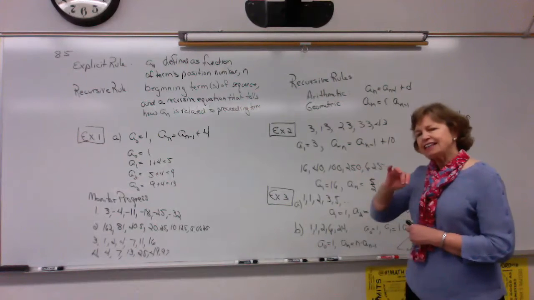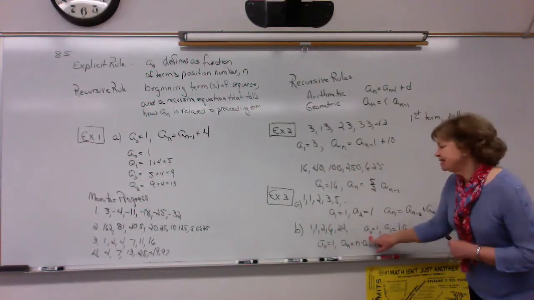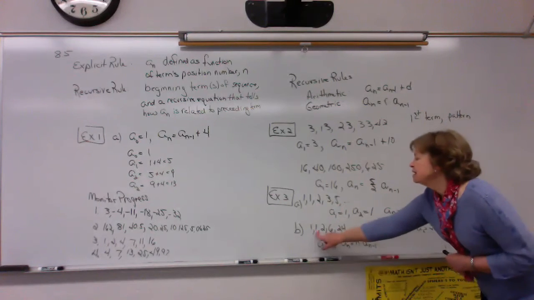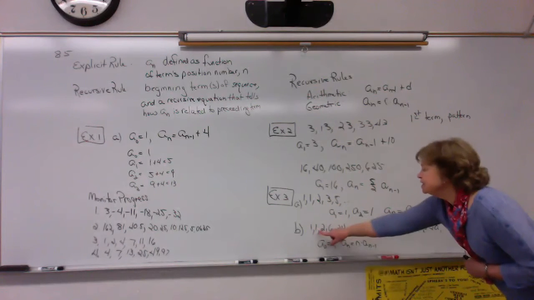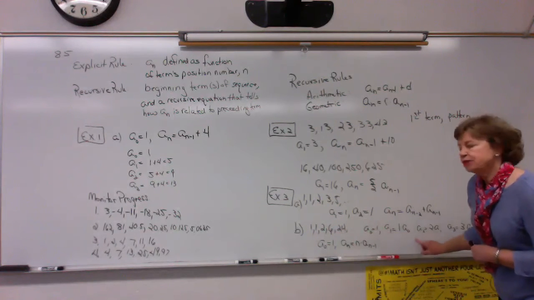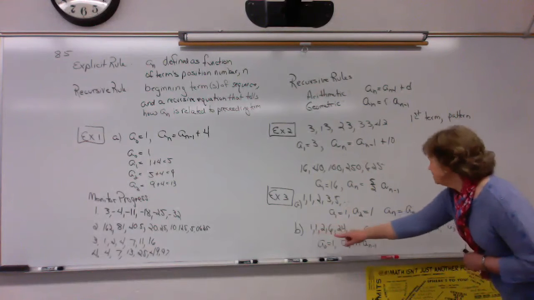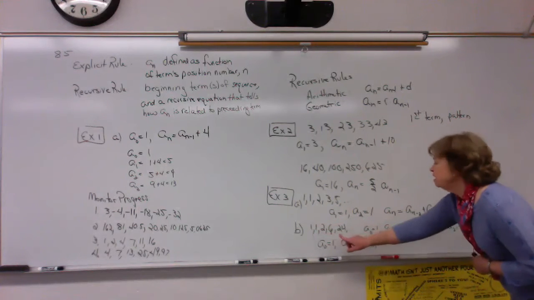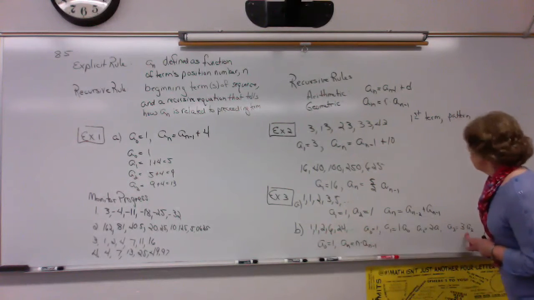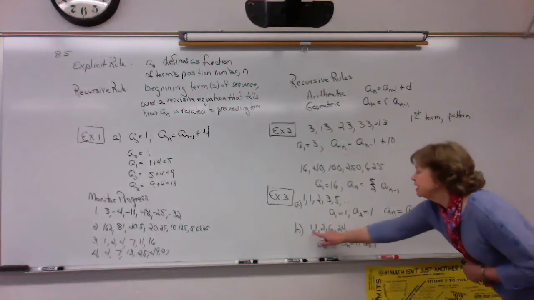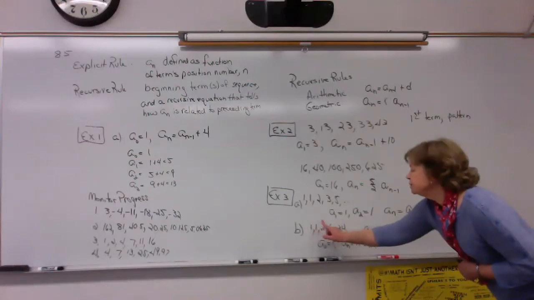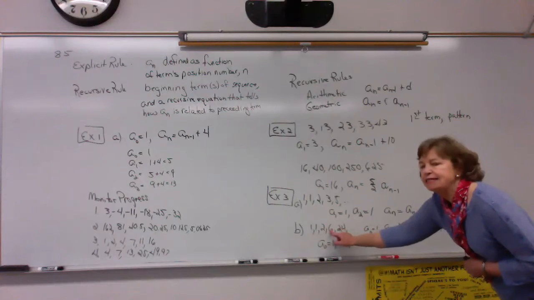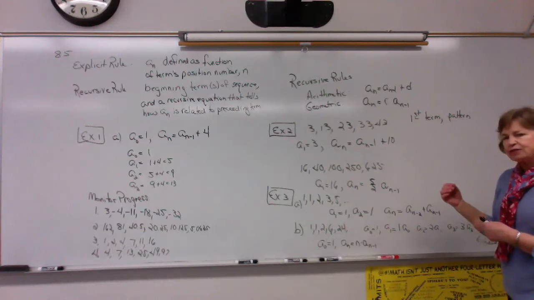So if I let my first term be a sub 0, then I notice that my second term is 1 times a sub 0. The next one is 2 times a sub 1. The third one is 3 times this one. So I've got 1 times 1, 2 times 1, 3 times 2, 4 times 6, so that you can see how it's working.